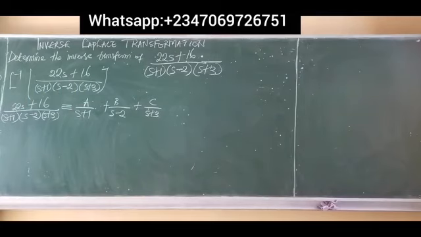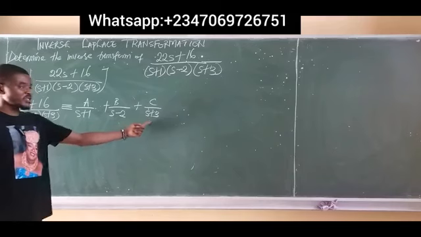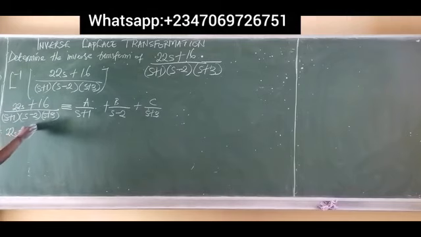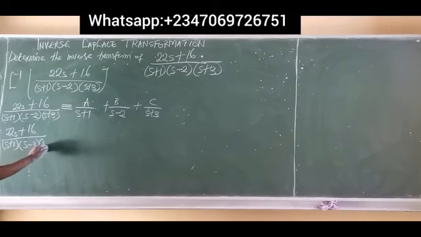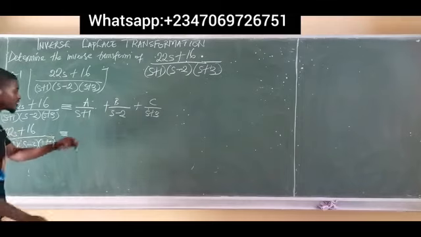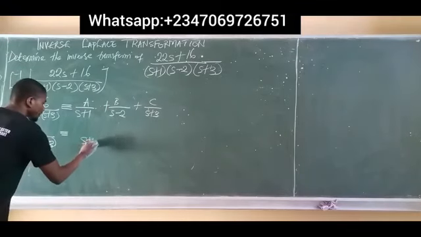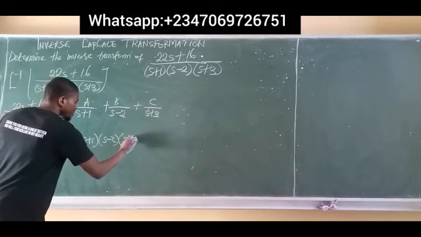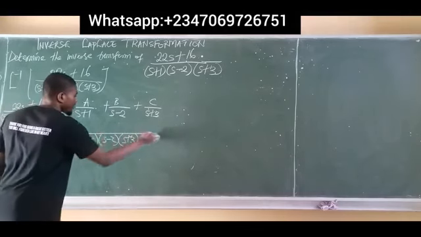Okay, so we collect the LCM now on the right hand side. The LCM is simply the multiple of the 3 denominators. Alright, so we are going to have (22s + 16) over (s + 1)(s − 2)(s + 3) is now equivalent to, the LCM here remains also (s + 1)(s − 2)(s + 3), and we have this.